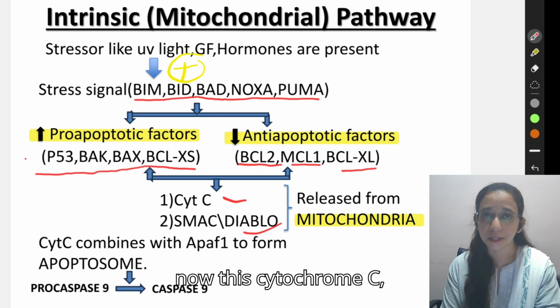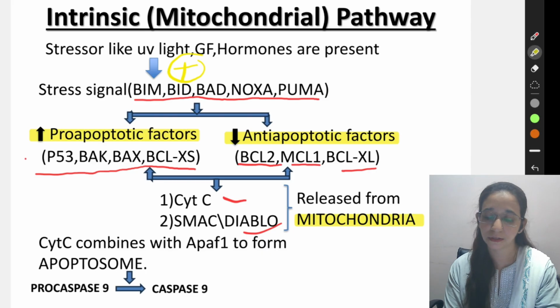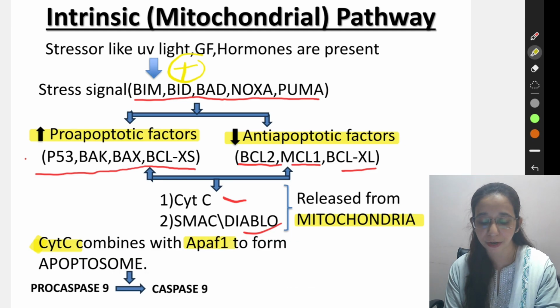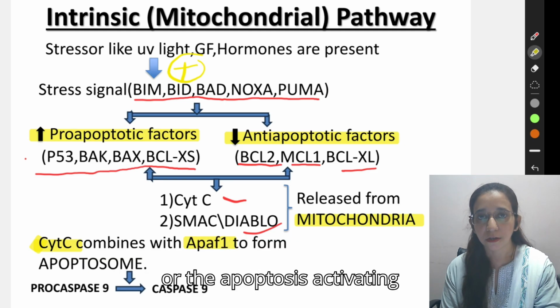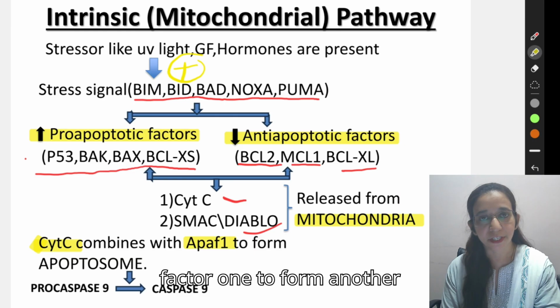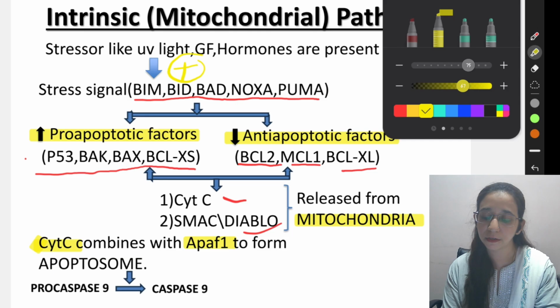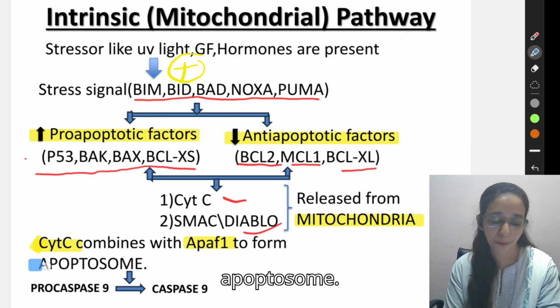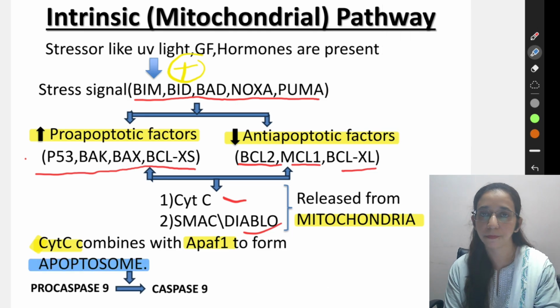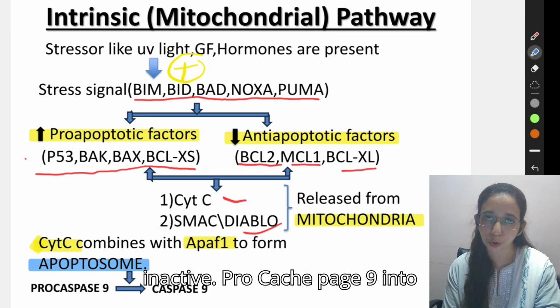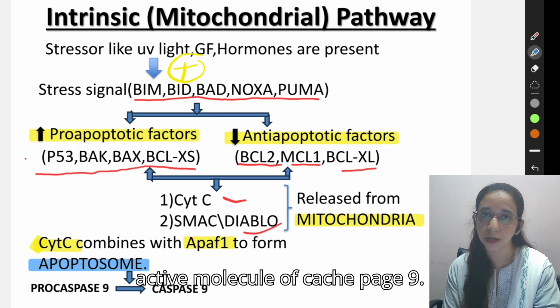Now, this cytochrome-c will combine with APAF1 or the apoptosis activating factor 1 to form another molecule called Apoptosome. This Apoptosome will convert inactive pro-Caspase 9 into active Caspase 9.